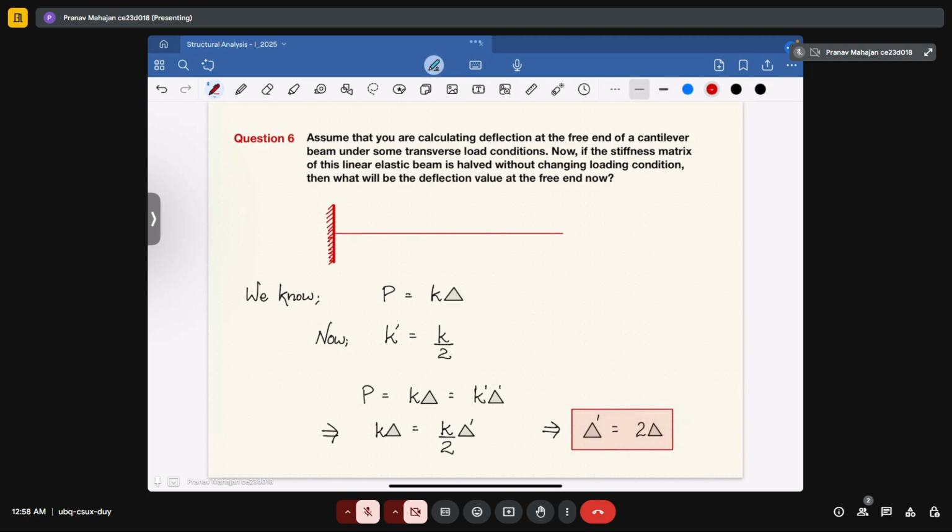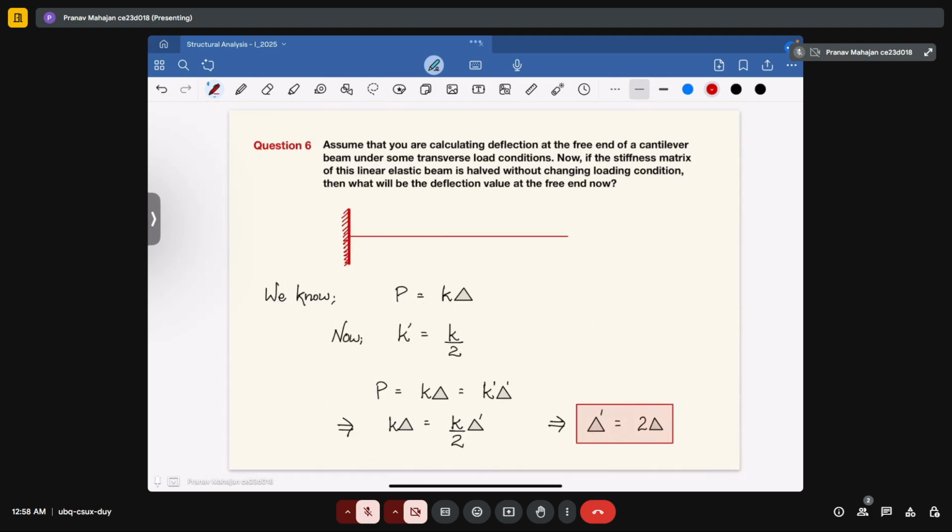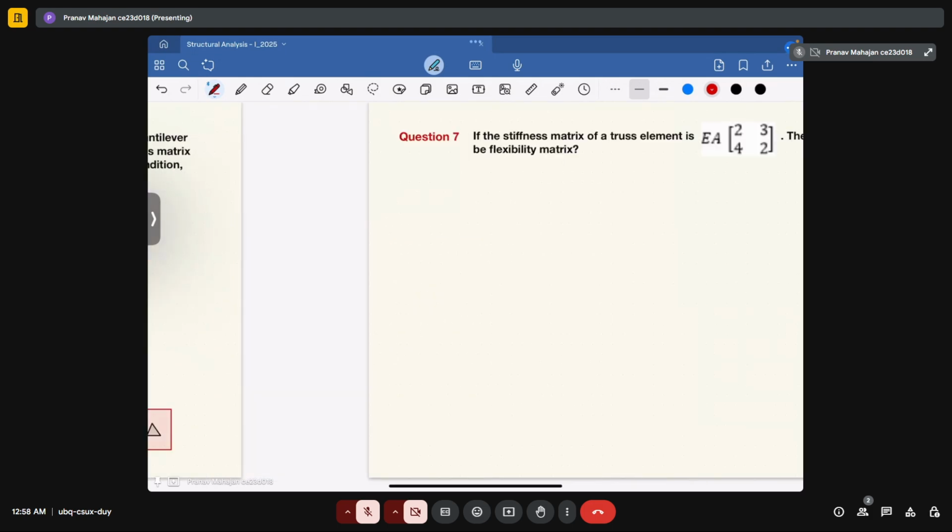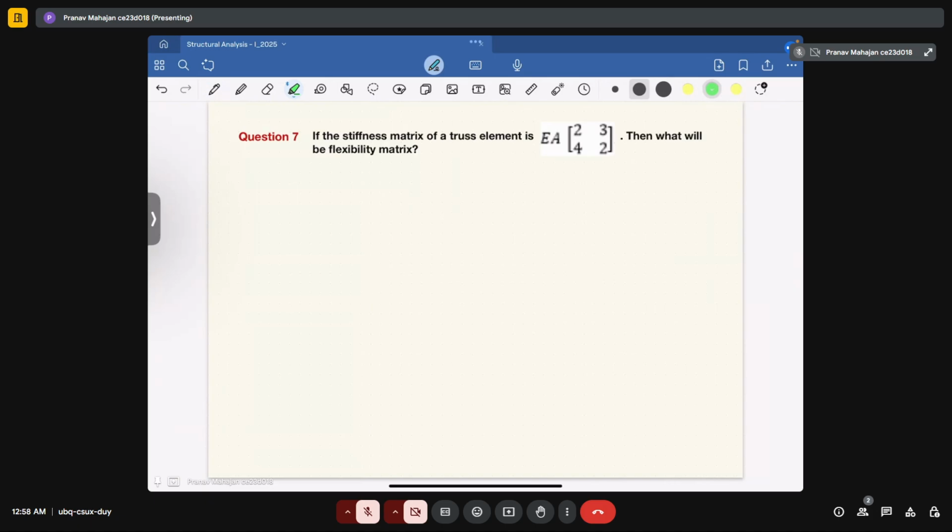Okay, so simple question, no big concepts are involved in solving this problem. So let's solve one more problem. In this, it is telling you that the stiffness matrix of a truss element is this. Now it is expecting you to calculate the flexibility matrix.